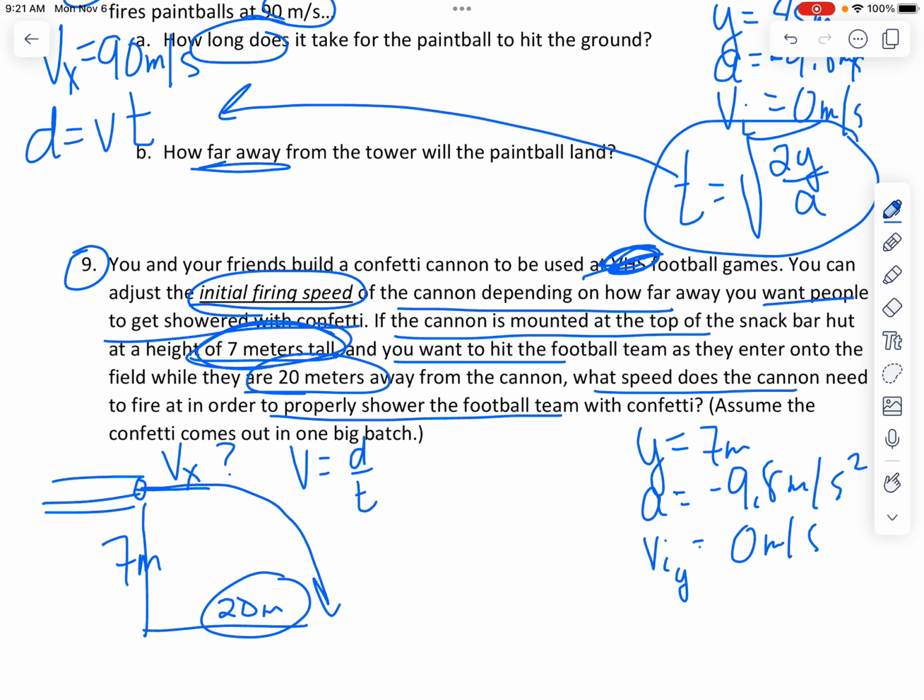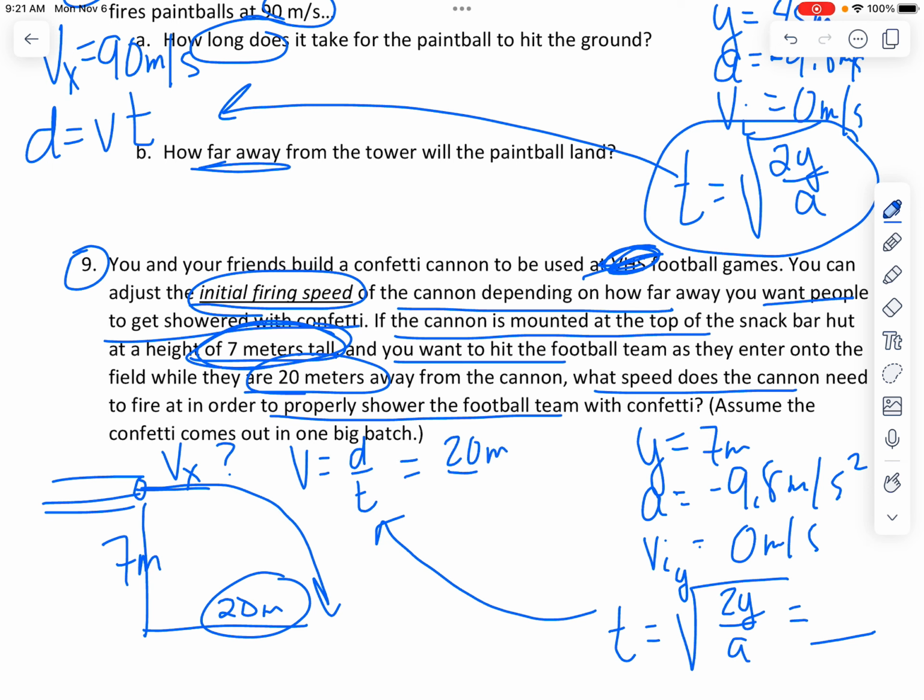You're going to do exactly what we did above. You're going to find the time that it is in the air using the y component. Find the time here, then use that time over there in the x component along with the distance of 20 meters. Find that, put that time in there to find the velocity of the confetti coming out of the cannon.